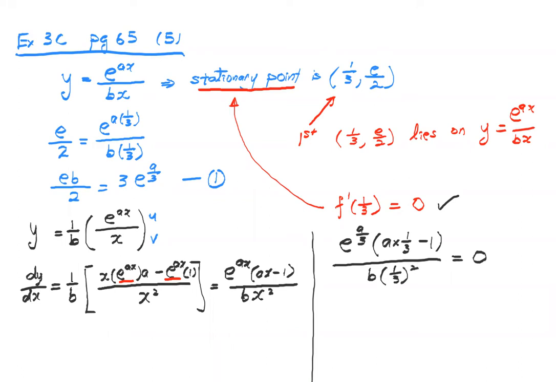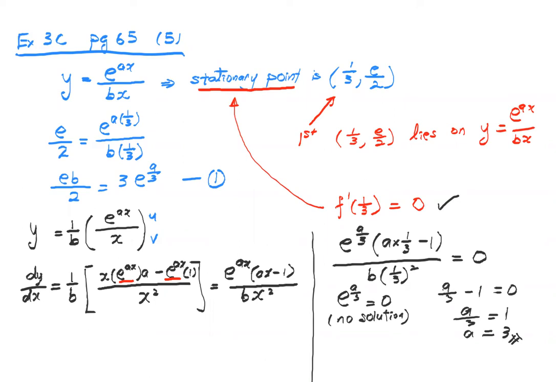For a fraction to be 0, the top must be 0, correct? So e to the power of a over 3 equal to 0 has no solution. So a over 3 minus 1 equal to 0, so a over 3 equal to 1. Oh, how nice. A equal to 3.